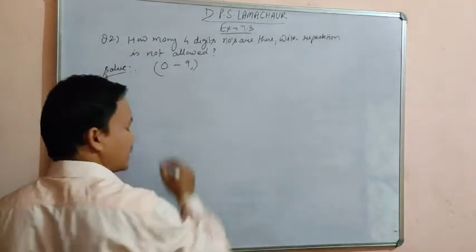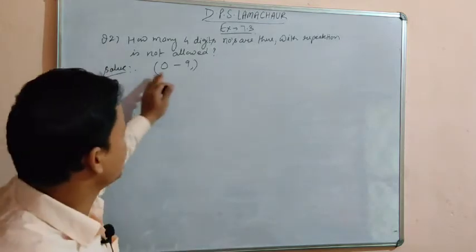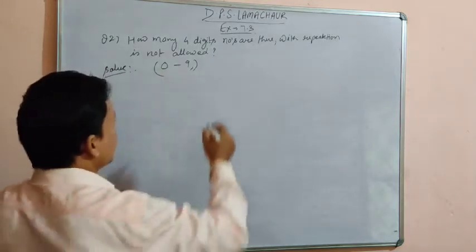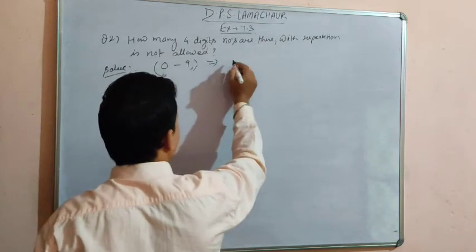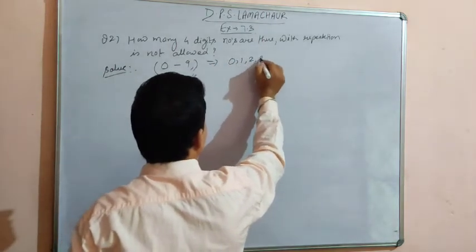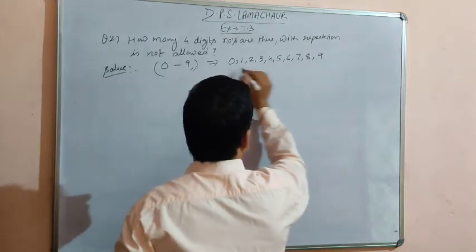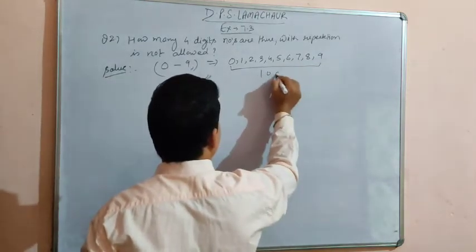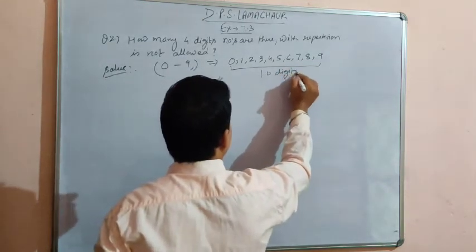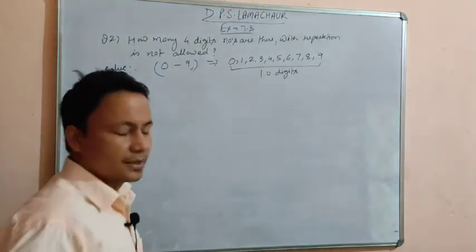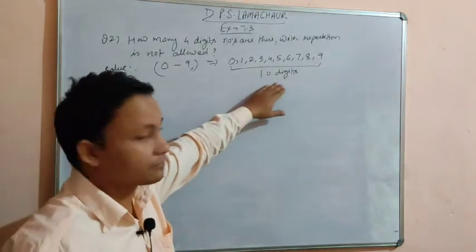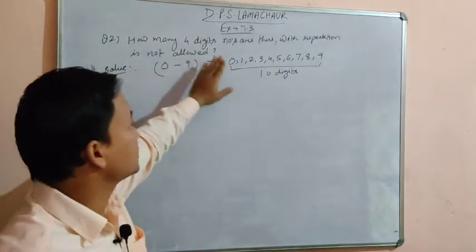Suppose we have been given 0 to 9 numbers. So how many numbers are there including 0 and 9? 0, 1, 2, 3, 4, 5, 6, 7, 8 and 9. So there are 10 digits available here. Out of these 10, we have to make a 4-digit number.